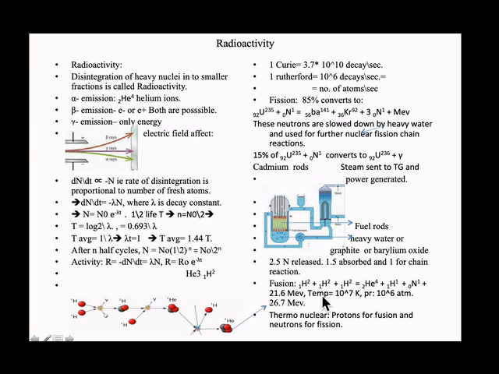What temperature does it come to? 10 to the power 7 Kelvin and 10 to the power 6 atmospheric pressure. So you can imagine how much Nagasaki and Hiroshima got affected with these temperatures, pressures and a lot of gamma radiation. Gamma radiation is very dangerous for our body.